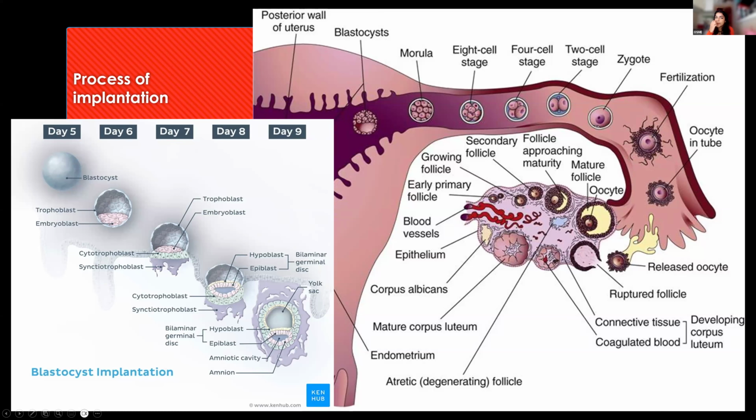As I was saying, implantation occurs mainly on the upper posterior part of the uterus, and you can have an ectopic pregnancy when the blastocyst attaches outside of the uterus, typically in the fallopian tubes. This is a medical emergency because the fallopian tubes can rupture and cause internal bleeding, very dangerous for the mother.